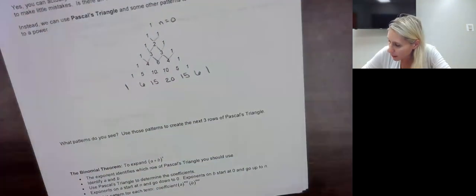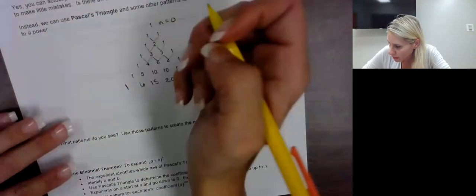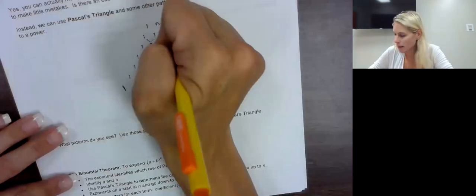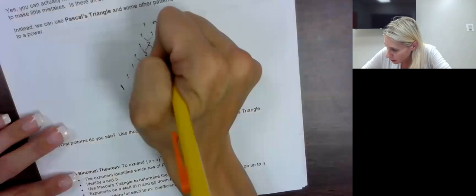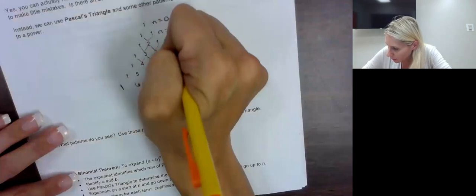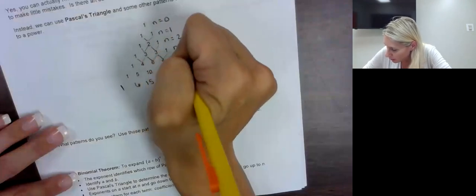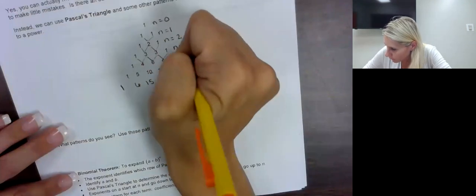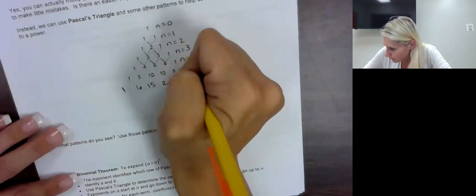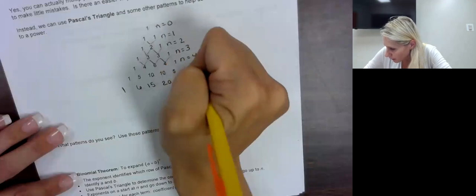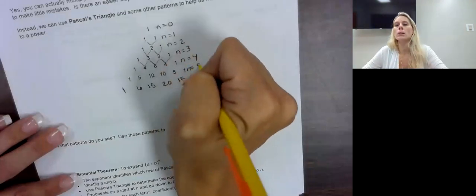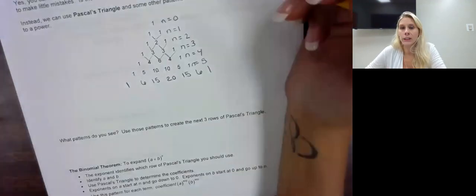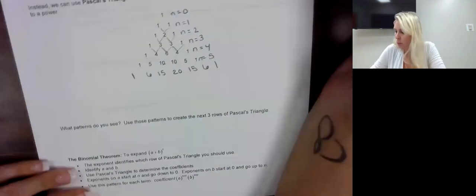Then we have the binomial to the first, the second, the third, the fourth, the fifth, and so on. So Pascal's triangle helps us with the exponent and the coefficient in front. Well, what does that mean? This helps us with our rows.